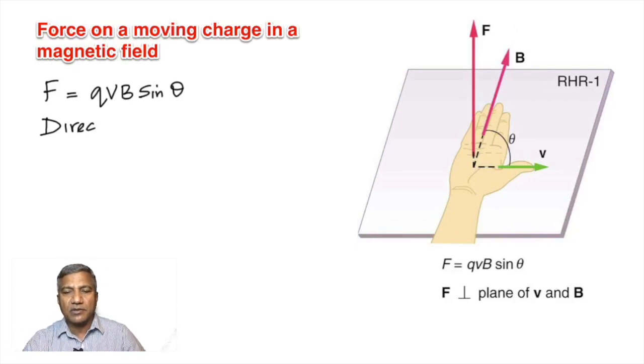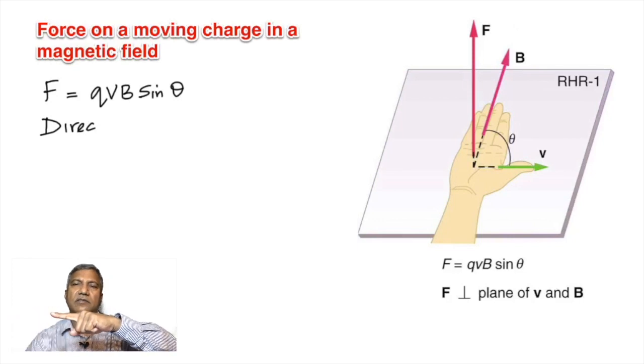Now, to make things simple, let's imagine that theta is 90 degrees. That means if the magnetic field is along the x-axis, the particle is moving along the y-axis. So the velocity is along the y-axis, the magnetic field is along the x-axis, so the angle is 90 degrees. Sine 90 is 1, which means maximum force acts on the particle. What if the magnetic field is along the x-axis and the particle is also moving along the x-axis?